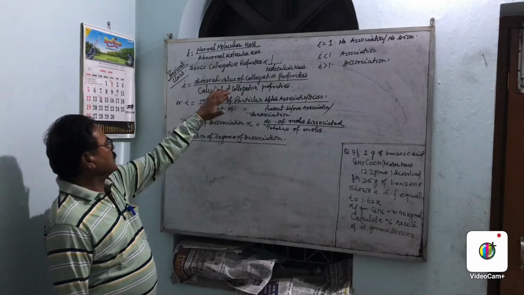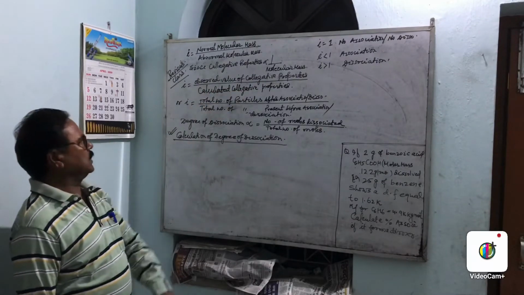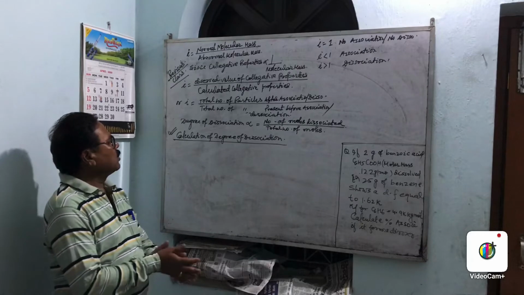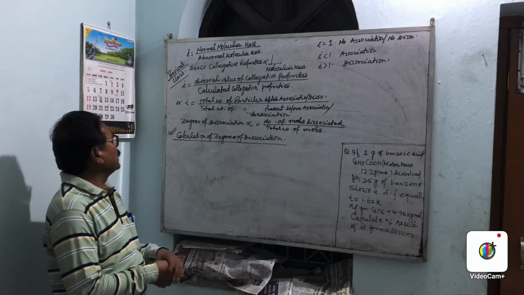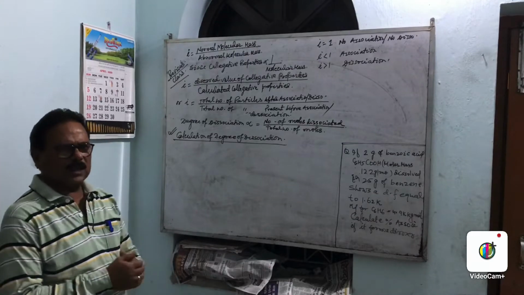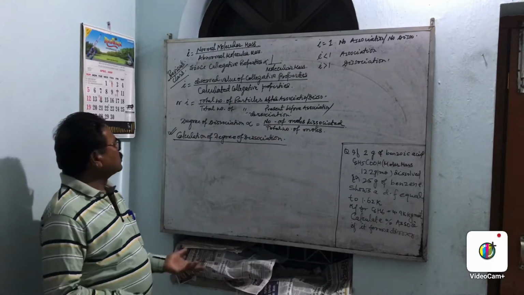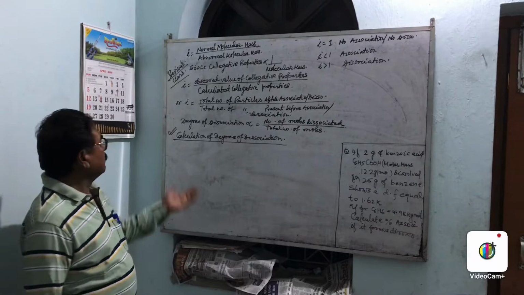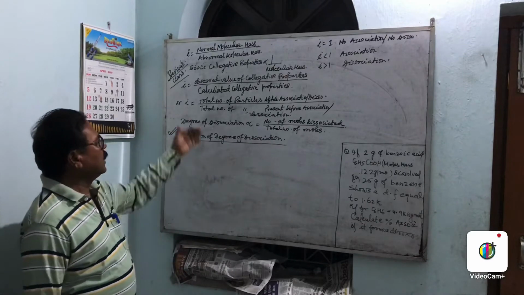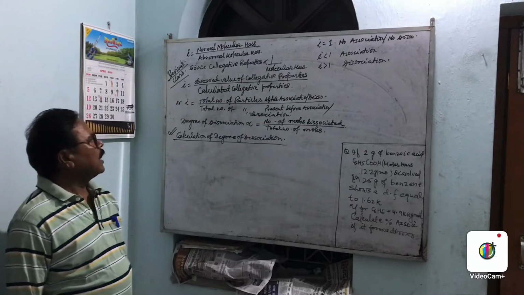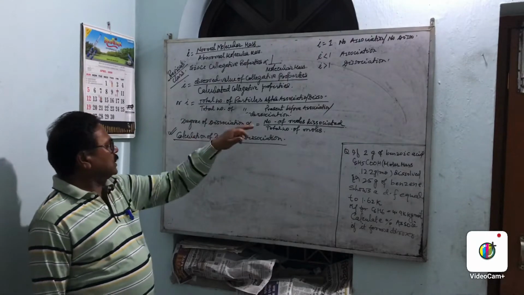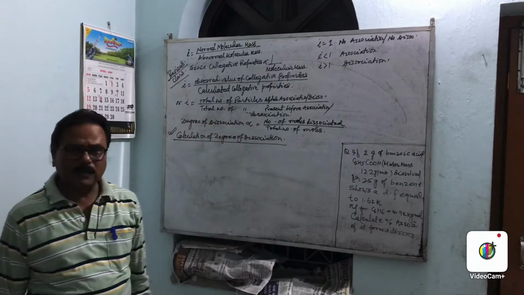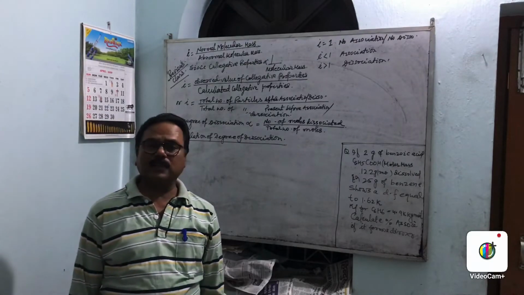So i is the observed value of the colligative property divided by the calculated, or normal, colligative property. Simply, i can also be defined as the total number of particles after association or dissociation divided by the total number of particles present before association or dissociation.